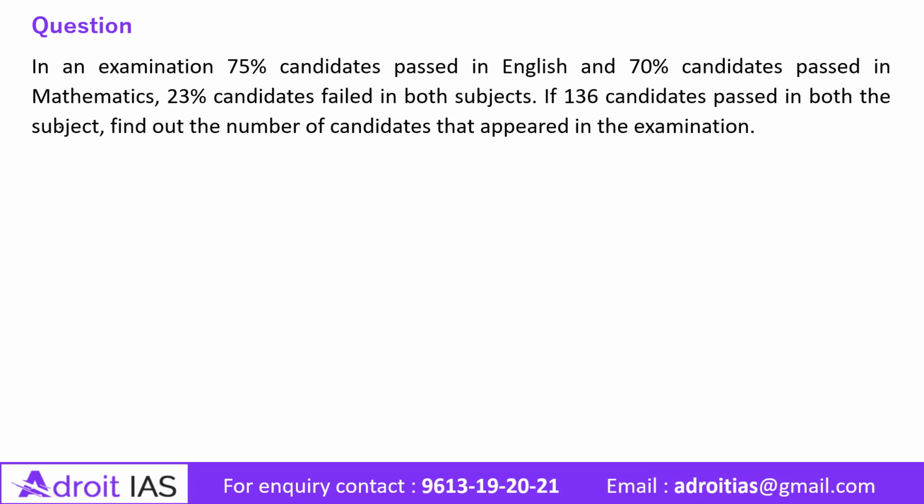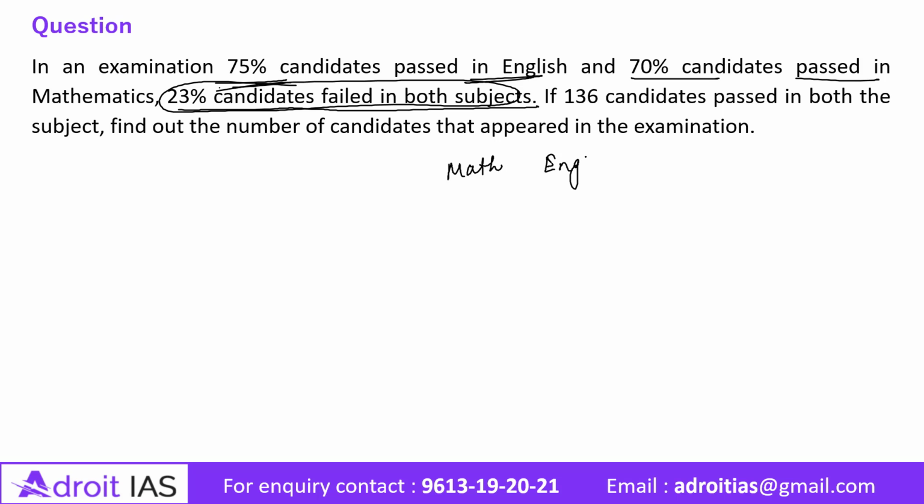Next question says, in an examination, 75% candidates passed in English, 70% passed in maths, 23% failed in both the subjects. See everyone, here the data is not similar. Let's say this is maths, this is English, here it is pass and here it is fail, and let's say it is both also.